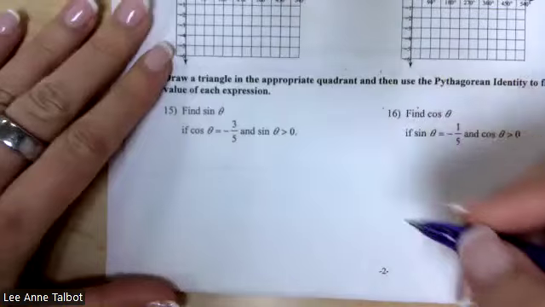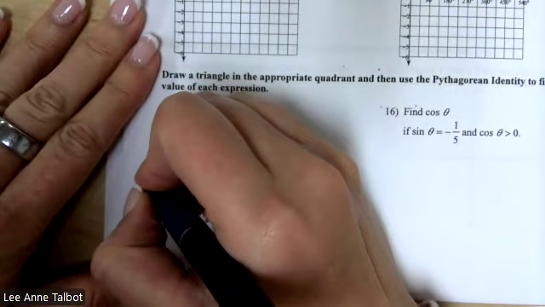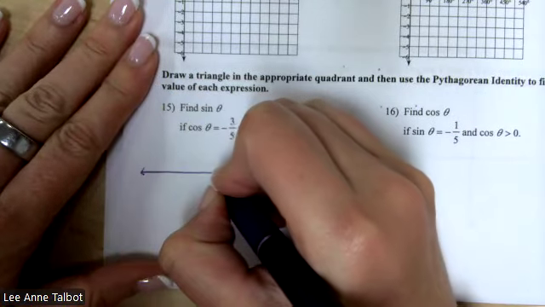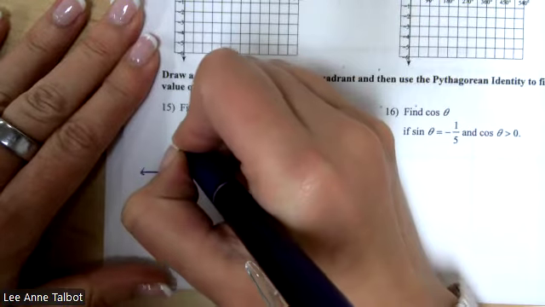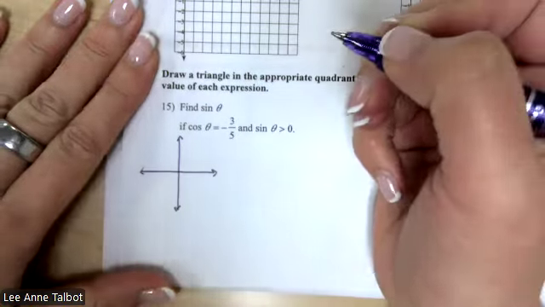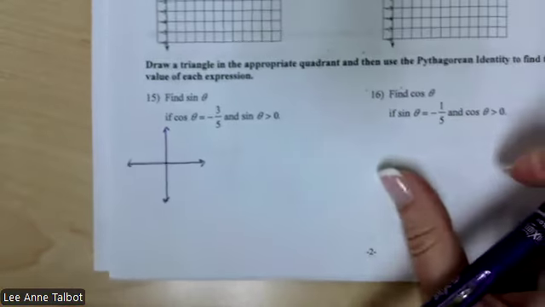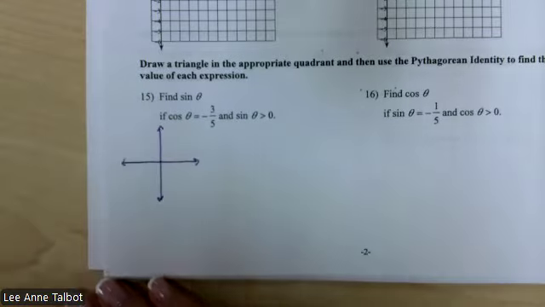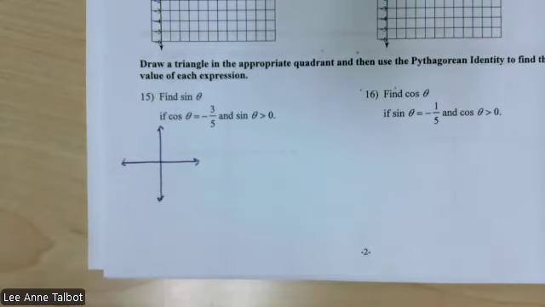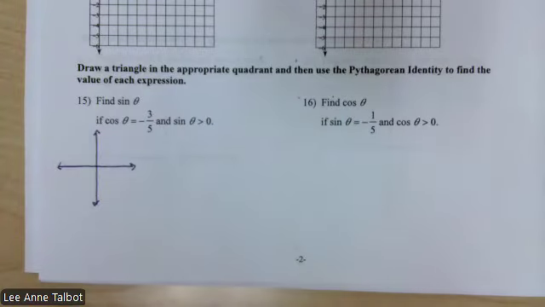Look at number 15. Just going to draw some axes so I can draw my triangle, and also helps me think about what quadrant I should be in.